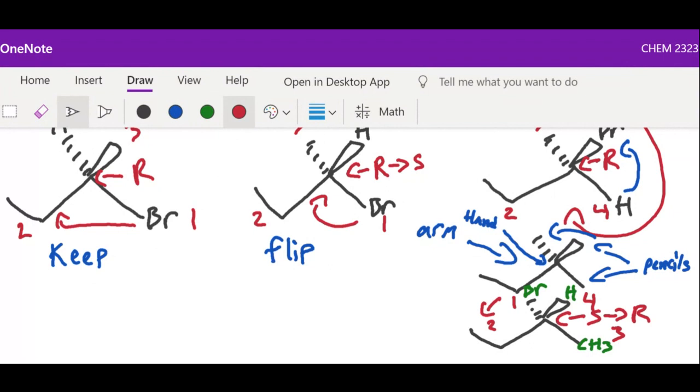But sometimes when you do rotate it, it isn't the same as not rotating it. So regardless of what chirality you get here, I recommend always rotating it to get your hydrogen, or whatever your 4th lowest group is, on a dash or a wedge.